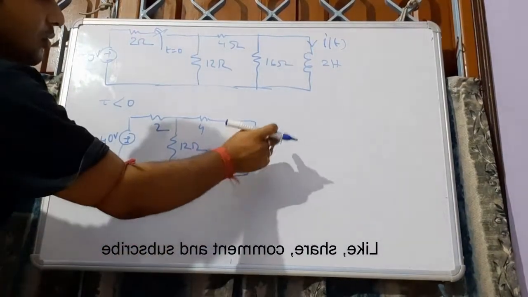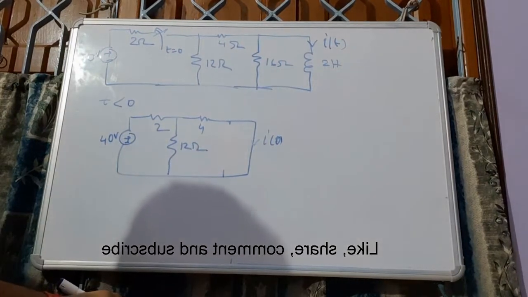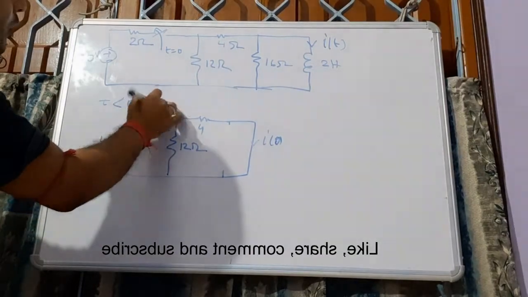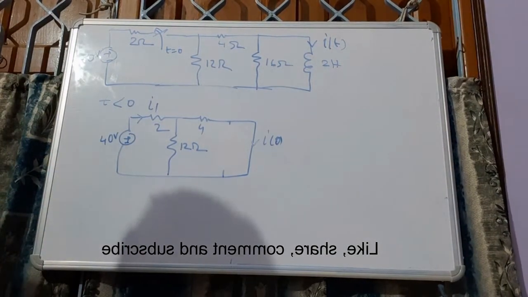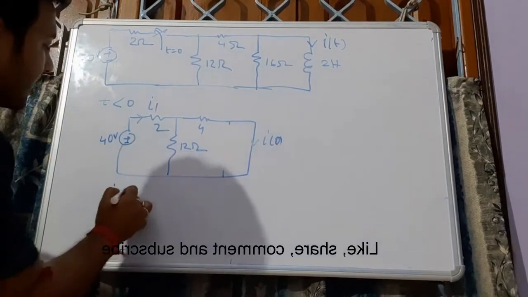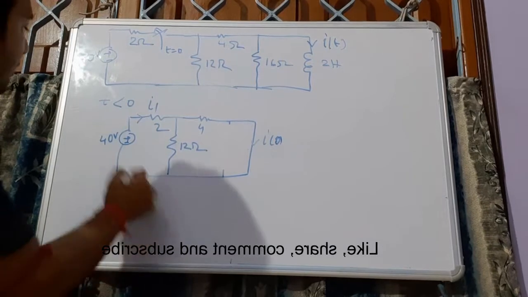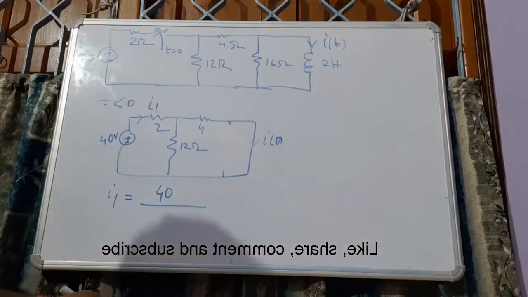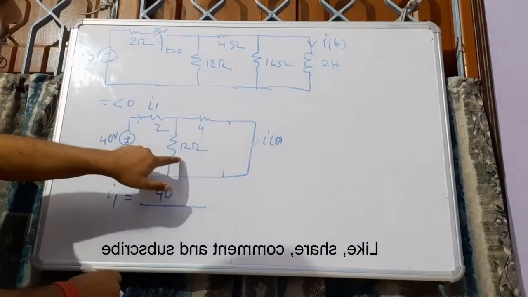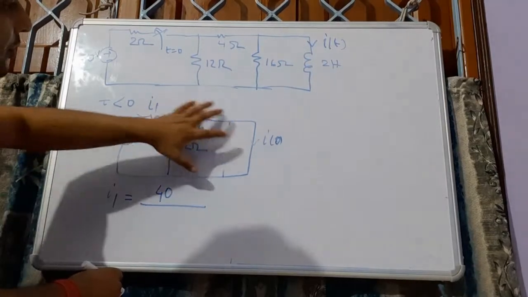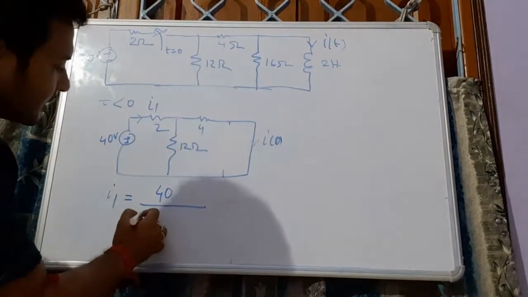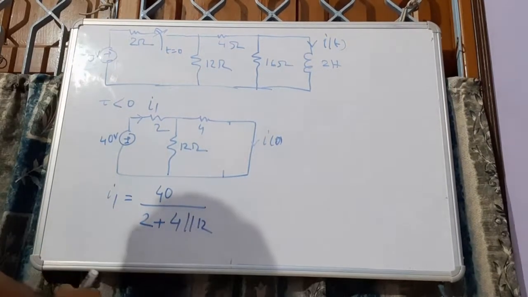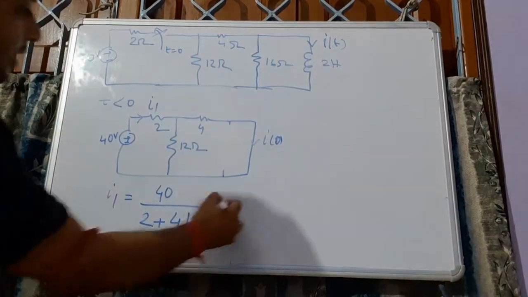So what will be I0? First take this as I1, right? Now what will be I1? I1 is equal to V, this 40, divided by the equivalent resistance of this circuit. So what will be the equivalent resistance? 2 plus 4 parallel 12, right? And this will be equal to 8 ampere.